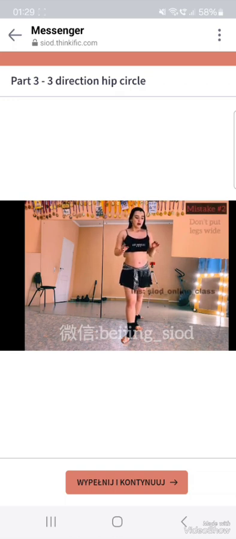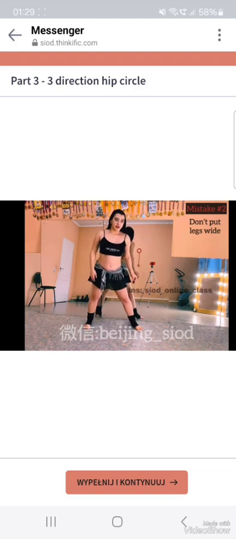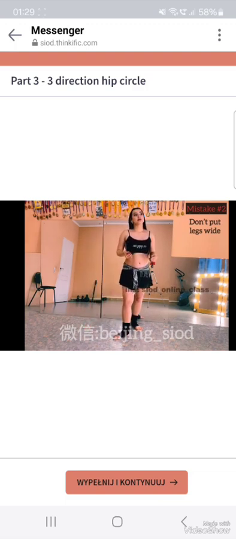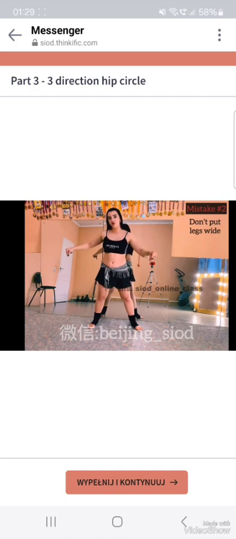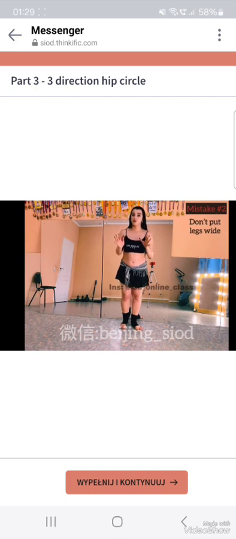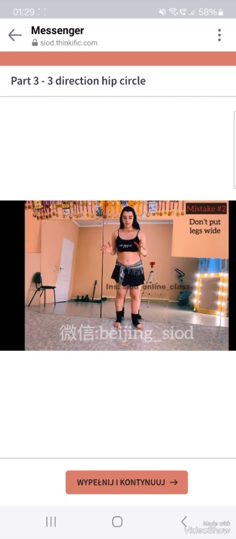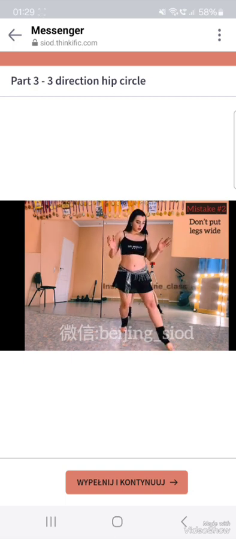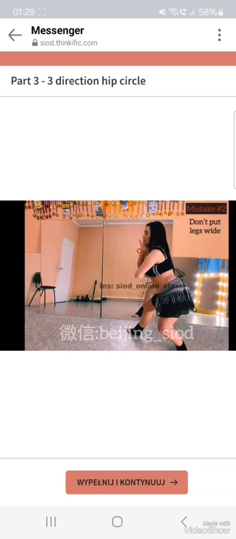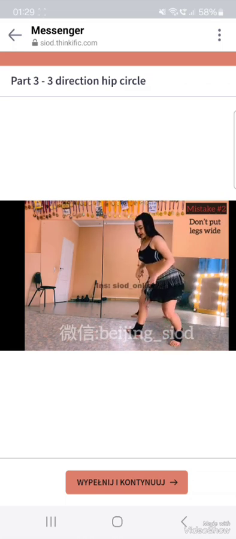When girls try to put their legs very wide, they cause problems for themselves. If you put legs wide, it will be not comfortable to change legs. Now I will show you this example. Stop, look, you see this is a mistake.